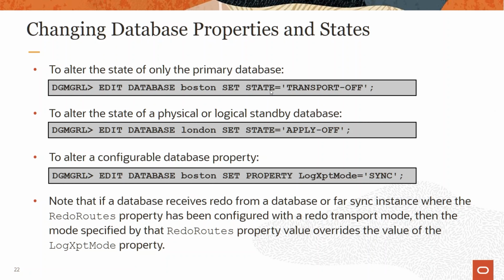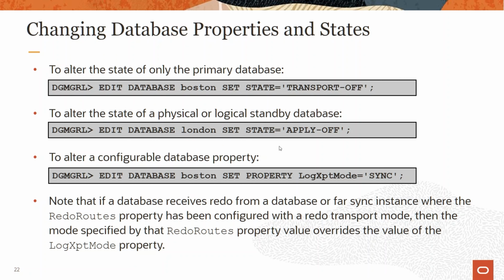You can issue edit database Boston set state transport-off. This is to disable redo shipping to a destination. And also, in the physical standby database and logical standby database, you can issue edit database London, in this example, set state apply-off.